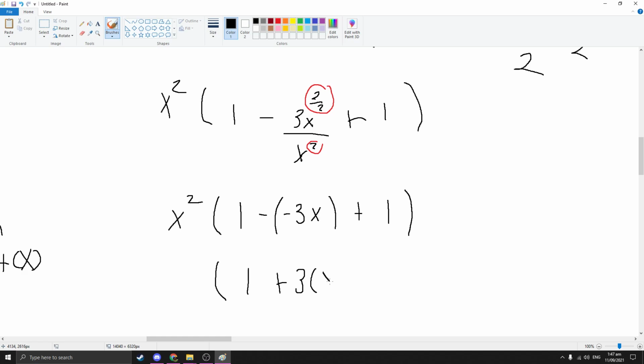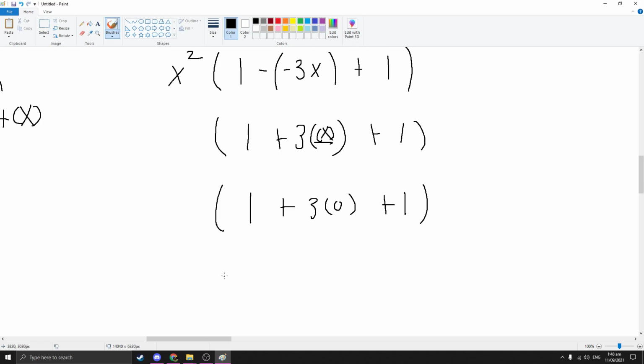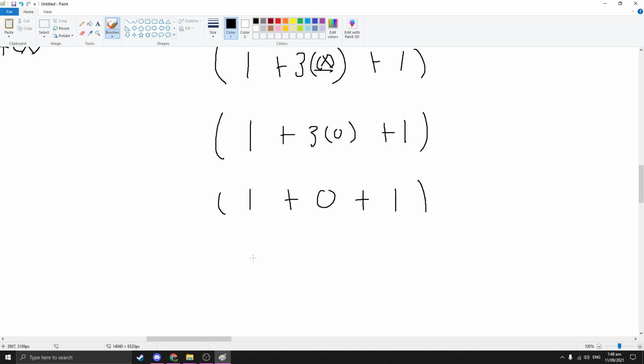Substitute mo yung infinity. Plus 1. Since 3 over infinity is something na magiging 0, since masyado malaking number ng infinity, na wala na siyang kwenta, magiging 0 na lang siya. So, 1 plus 3 times 0 plus 1. Magiging 1 plus 0 plus 1. And 1 plus 1 is basically 2.